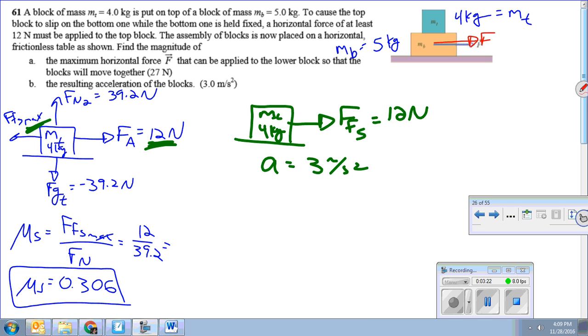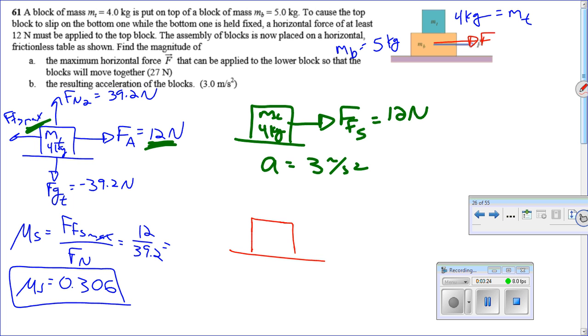So here's my lower block. Now, it's important to note that the surface here is frictionless. So the question is, how much force can I apply here? So I guess there's a couple ways of doing this.